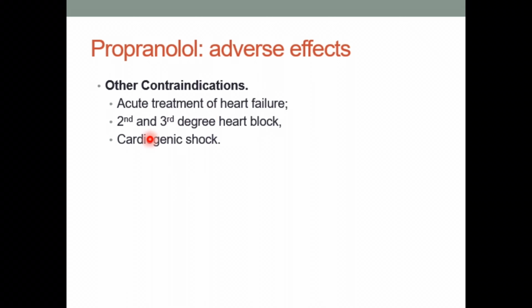Also in a patient with heart block, because beta blockers like propranolol further reduce the electrical conduction in the heart and would further cause heart block. And also in cardiogenic shock, where the heart is not pumping enough blood toward the body.